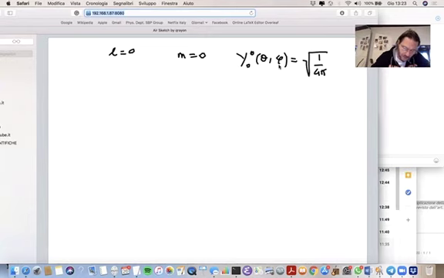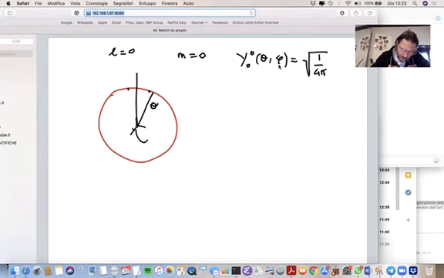That means that I could represent this graphically as a sphere. Why a sphere? Because basically, at any point of the sphere, regardless of the value of theta or phi, Y is always equal to 1 over root of 4 pi everywhere here.